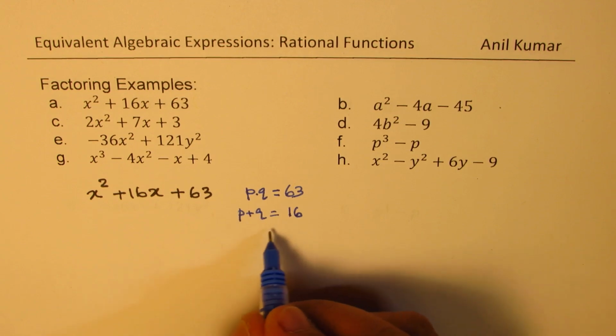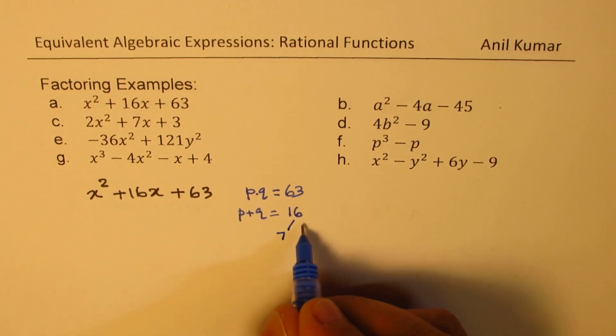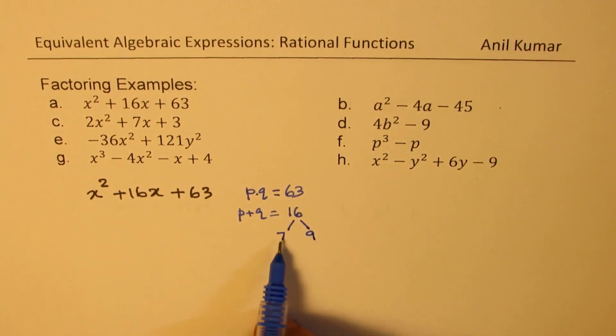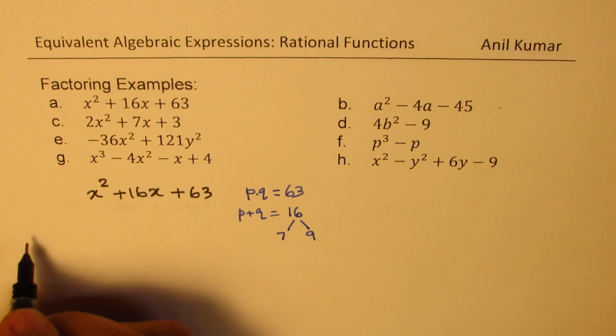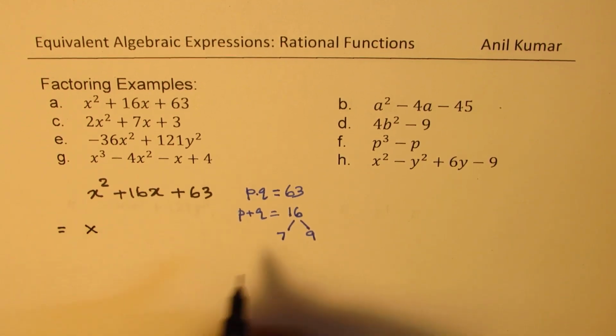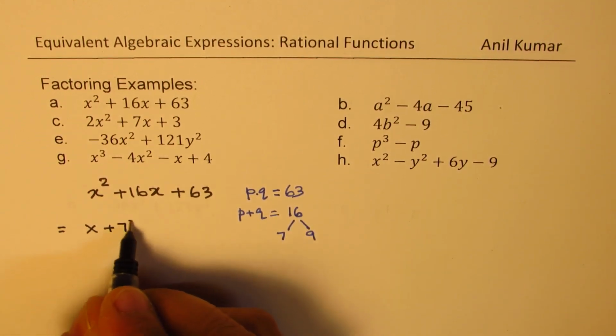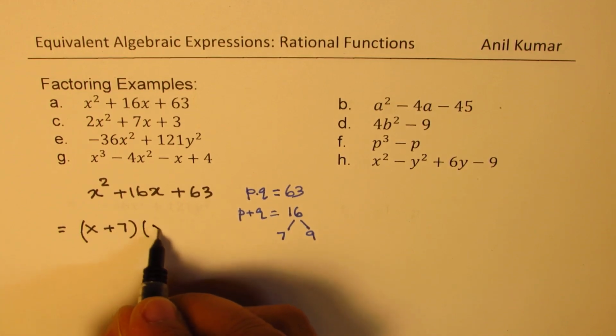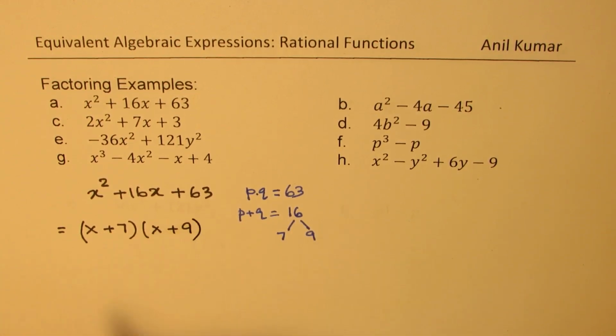So the two numbers which work for us are 7 and 9, correct? When you multiply them, you get 63. When you add them, you get 16. And therefore, we can write this as x plus 7 times x plus 9. Clear?